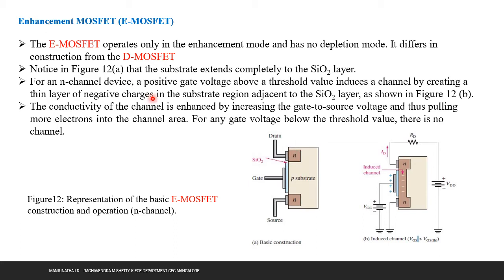So instead of two N regions, we have P regions, and instead of P substrate, we are having N substrate. So now let us discuss the enhancement of P channel.